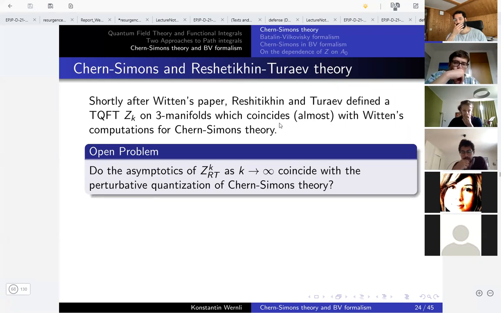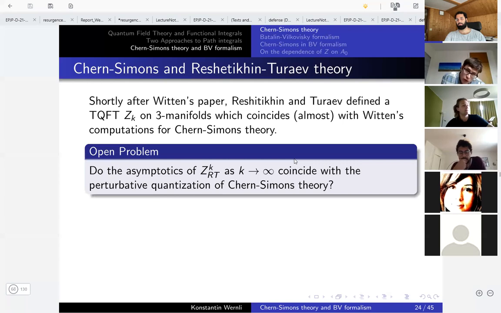So the open problem that many people are interested in is whether the asymptotics of this theory, or the corresponding invariants, as k goes to infinity, where k is something like 1 over h bar, coincides with the perturbative quantization of Chern-Simons theory.